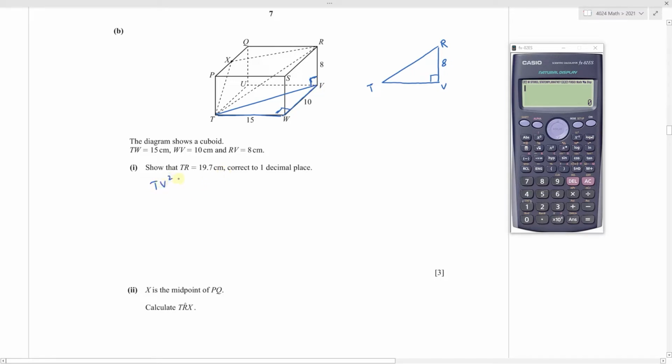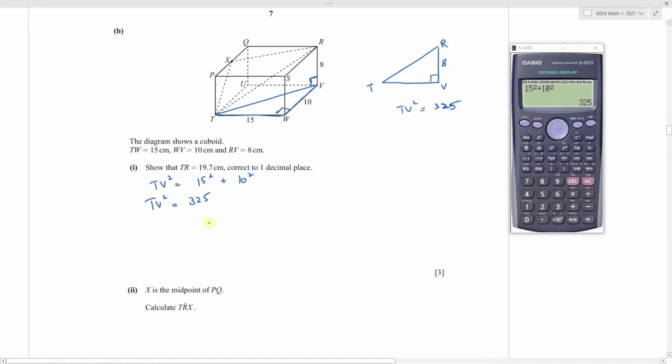So TV square will be 15 square plus 10 square, 325. TV square is 325. I won't take the square root because I need the squared value when I use the Pythagoras theorem for this triangle TVR, which I've drawn out here.